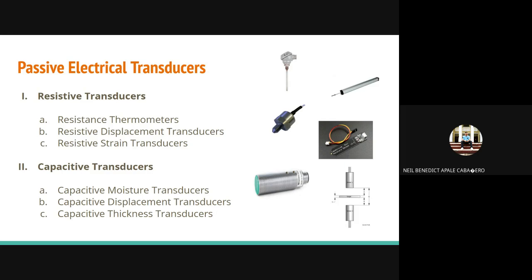So if it detects a change in resistance, the output is based on that. These are equipped with platinum sensor elements which change their electrical resistance as a function of temperature. The picture at the top is an example of resistance thermometers.